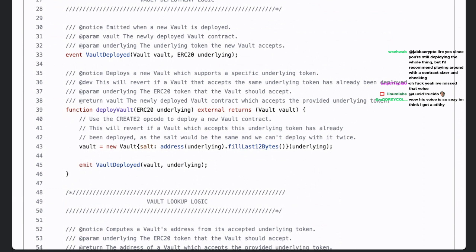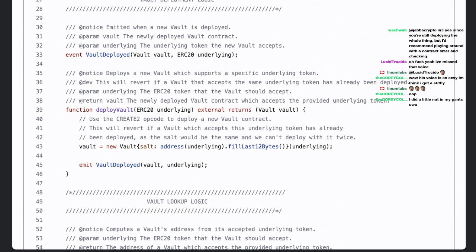We have to do this special fill last 12 bytes call on it, because a salt has to be 32 bytes and an address is 20 bytes. So we fill the last 12 with 0 to fill it up to the 32. That's a function provided in Solmate's bytes32 library, which is one of the numerous utilities we have in there.